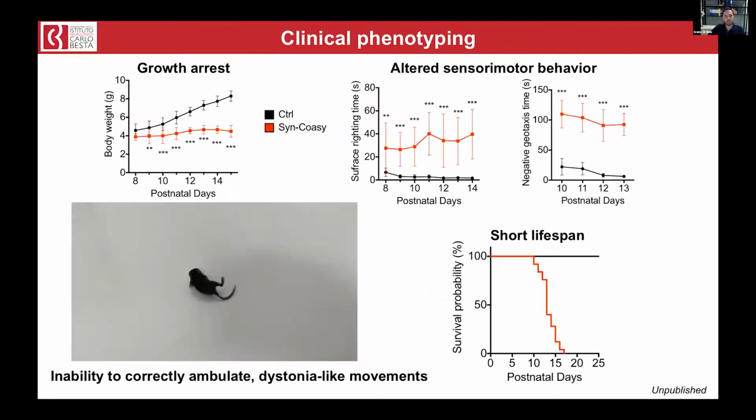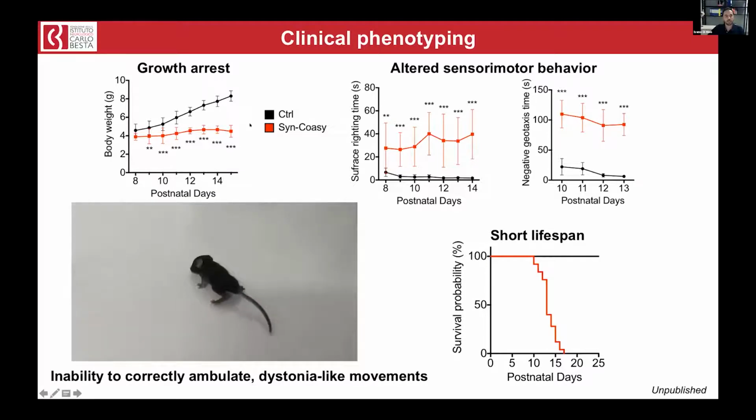So clinically, we found that SynCOASY animals are indistinguishable from control littermates at birth, but they start to develop a very severe clinical phenotype very soon, at about 6-7 days after birth.